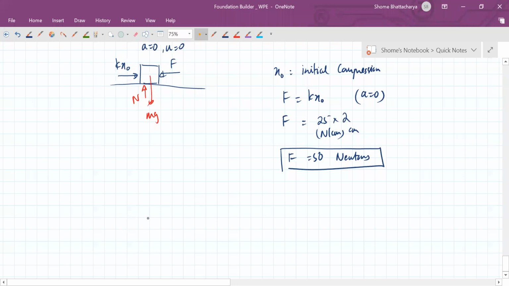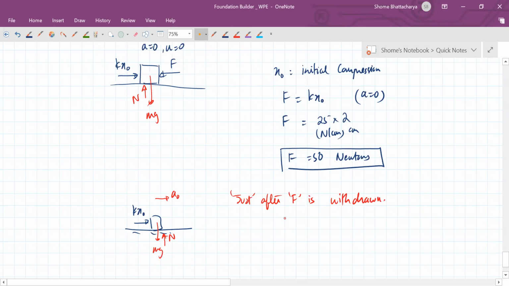Now, when you release the force, just at the instant when the force is removed, the spring's compression is still x naught. So it develops an acceleration a naught just after the force F is withdrawn.